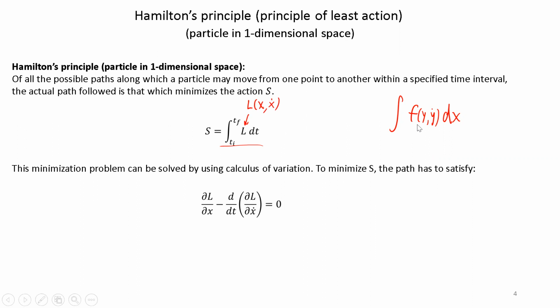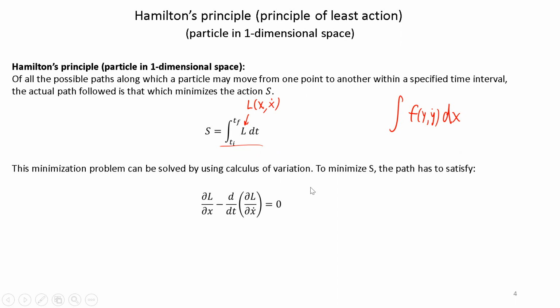You can see that we were integrating over x, but now we are integrating over t. The curve that we had before is y of x, and here it is x of t, just changing the variable names. So Euler's equation just becomes this form over here.